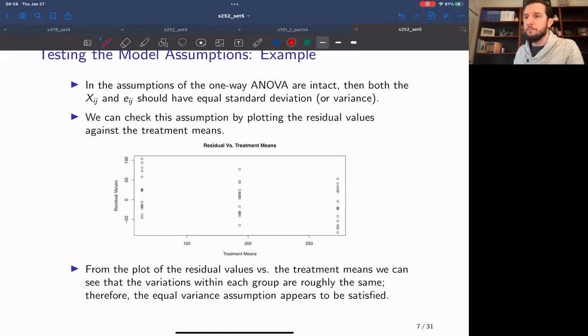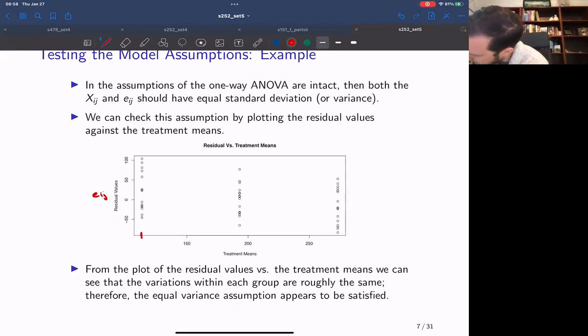This is a very basic example, but the idea here is you take the residual value, our e_ij, and for each of the different means, you plot the associated residuals. So this is going to be X bar 1, which was equal to 113.375.